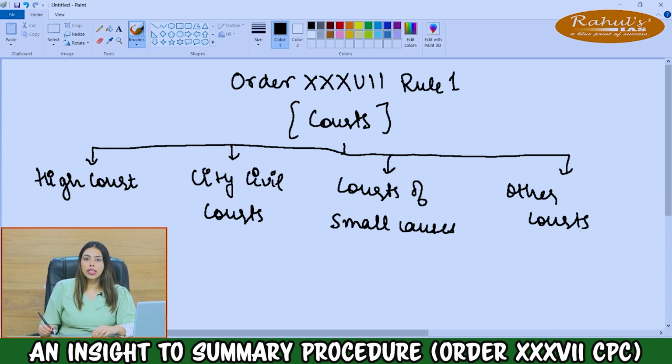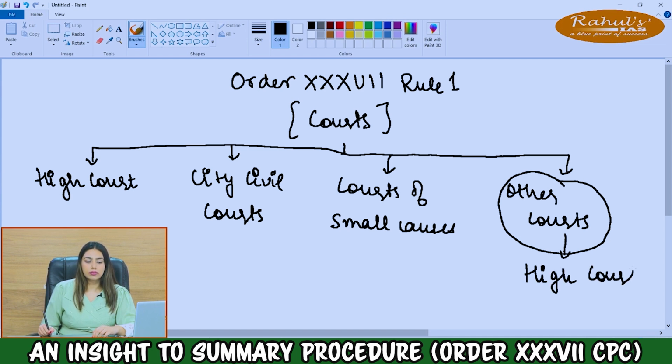Now, which are these other courts? These are specified by the High Court itself in the official gazette. So these four courts can take up summary proceedings: High Courts, City Civil Courts, Courts of Small Causes, and Other Courts.